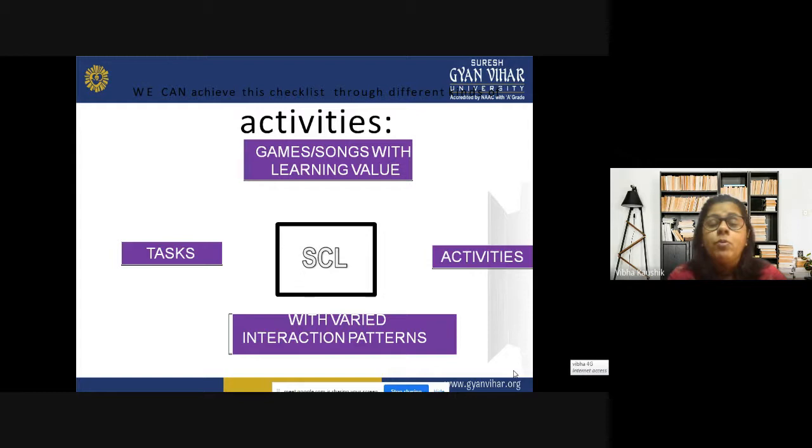If we want them to learn about different values, we can use a technique where there will be some games or songs they have to perform. Activities and tasks should be there with varied interaction patterns. This will be achieved by the teacher if students are involved with various types of activities and assigned various tasks.